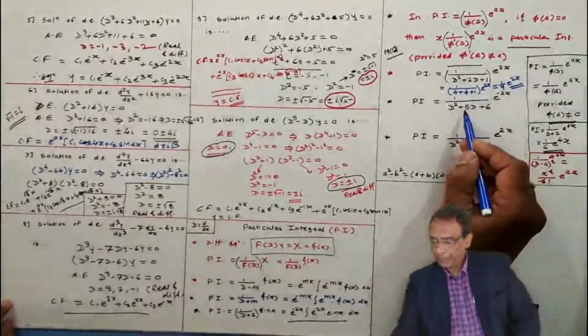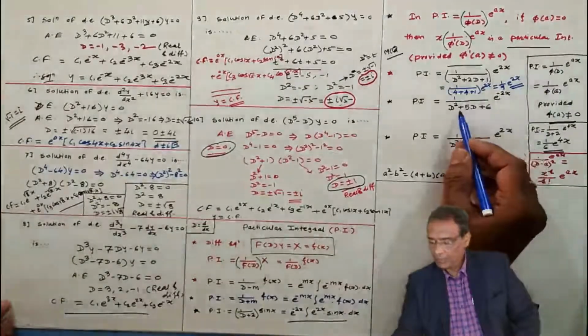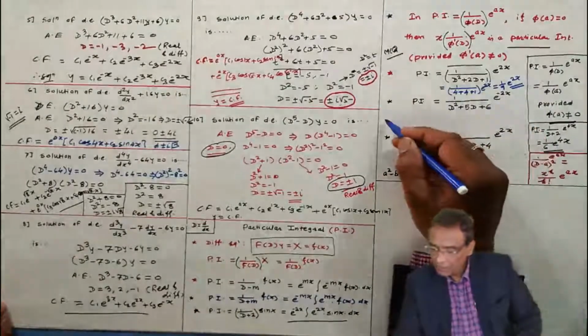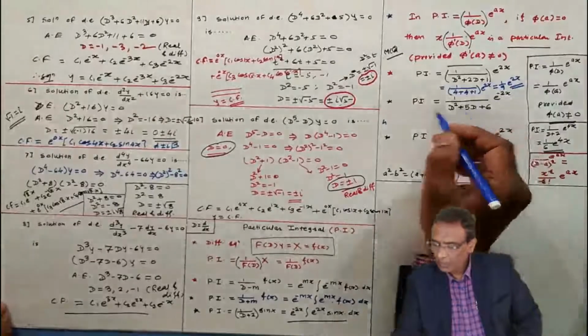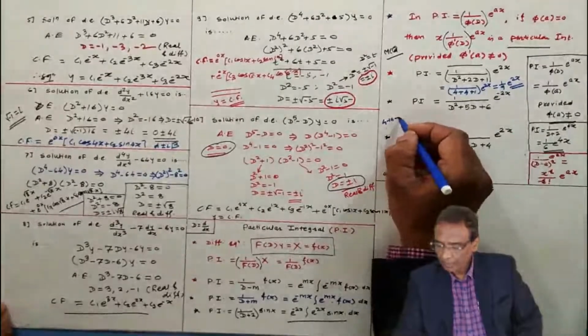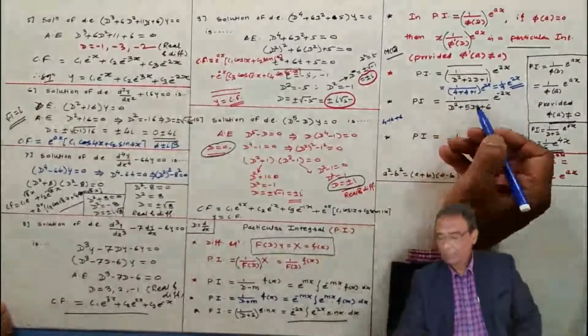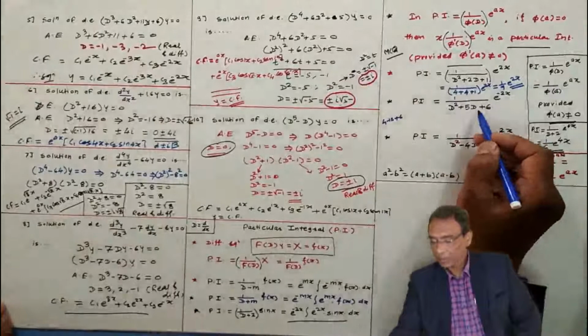Okay, here if you put D equal to minus 2, what will happen? D equal to minus 2 means minus 2 square is 4. D equal to minus 2 means 5 into minus 2 is minus 10, and 6 is there. Minus 10 plus 10 will be 0. If you put D equal to minus 2, the denominator is 0.